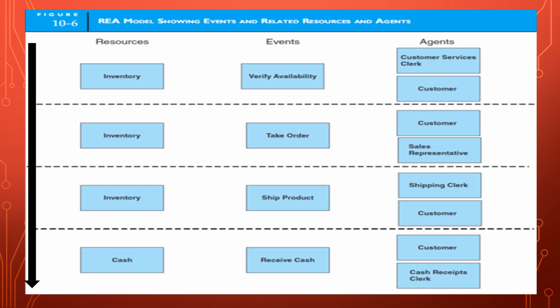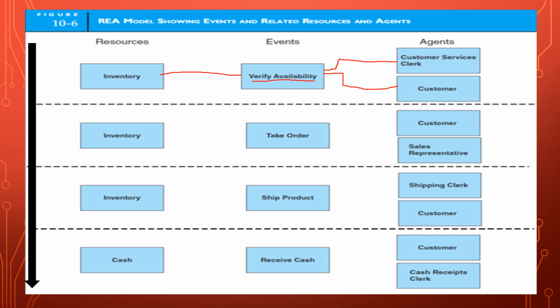For example, take the event verify the availability. Who is the agent associated with this event? Normally the customer, when they place the order. And then we also have the internal agent, an employee, who checks the availability of the items, and the resource related to this event is the inventory.